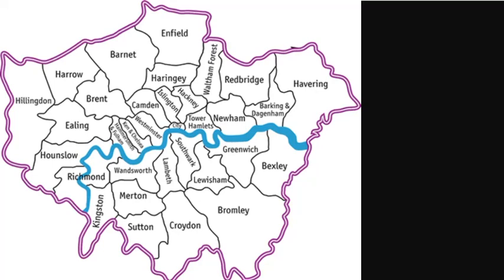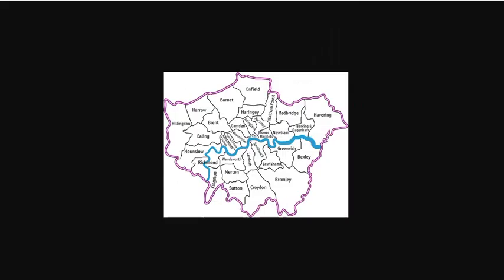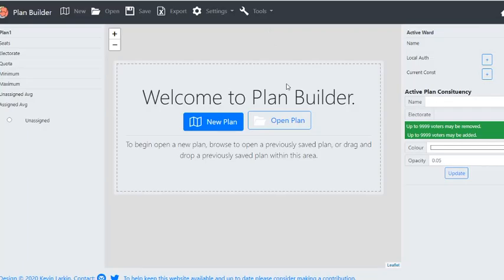So let me get this now onto, I turned this off, image. Okay. Now what are we looking at? Oh, now we're looking at the, aren't we? So let's go to Plan Builder.